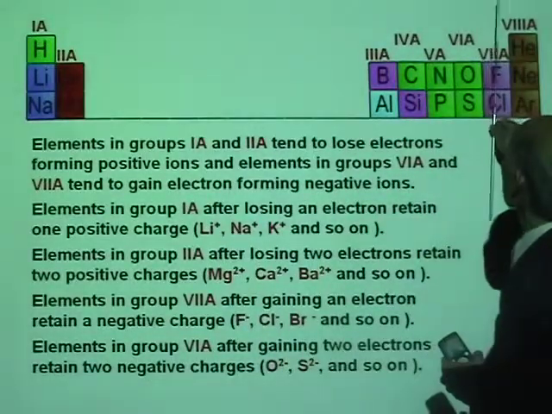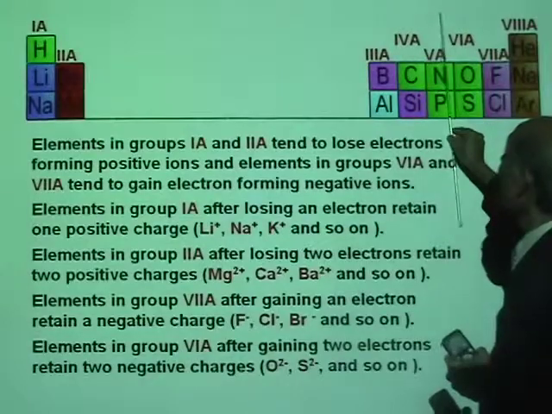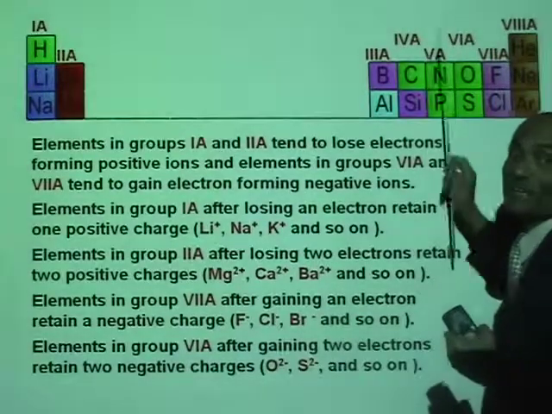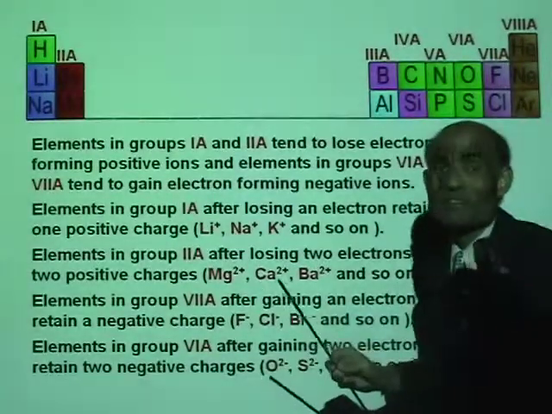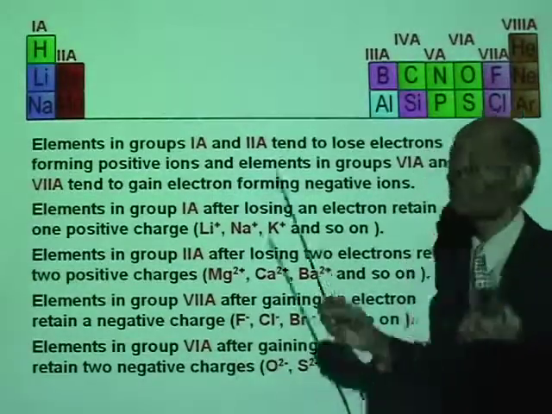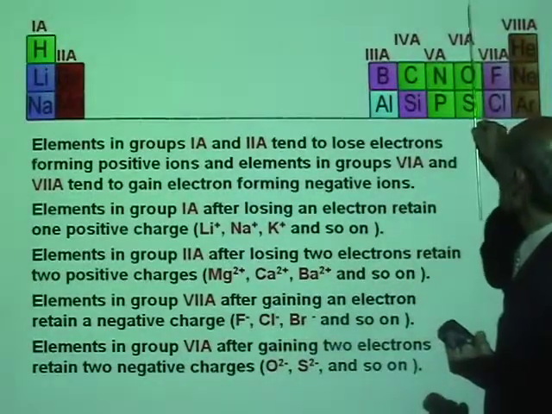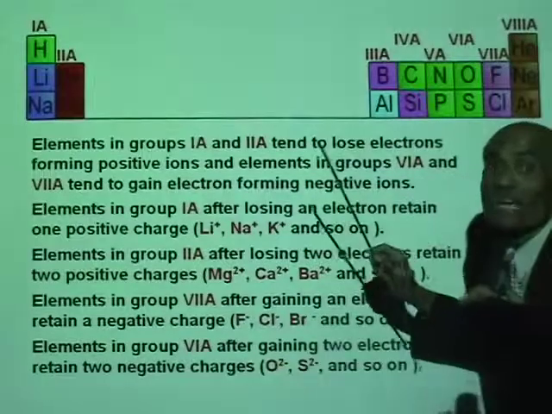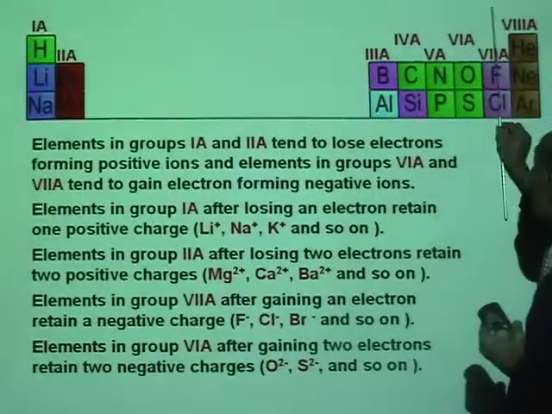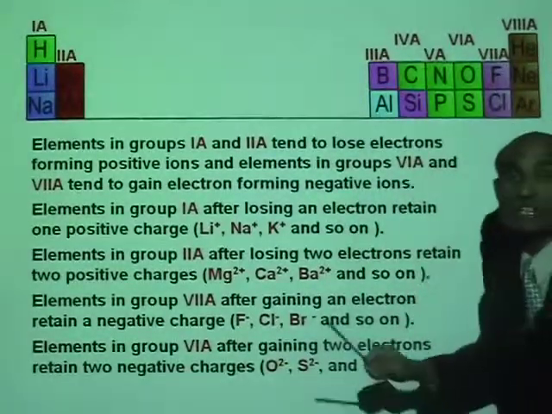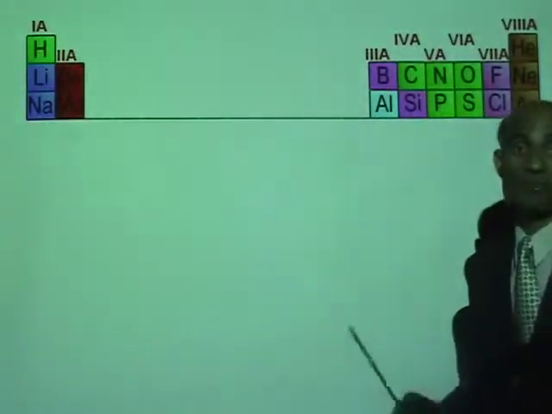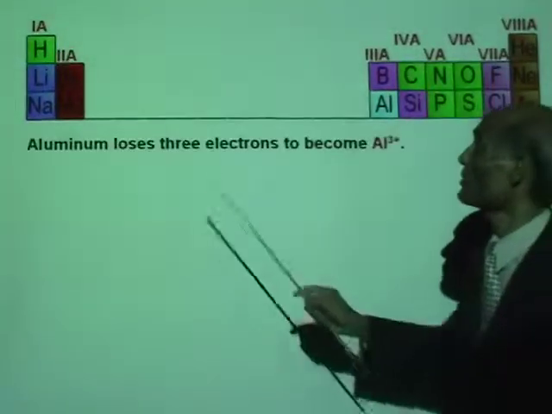What is the charge on a group 5 element? It will be 3 negative. It's going to get 3 electrons. The charge on a group 6 element is 2 negative. The charge on a group 7 element is 1 negative. You must be able to talk about this.